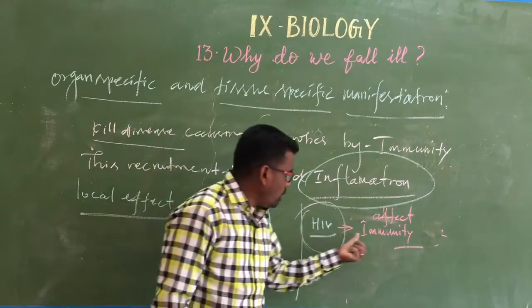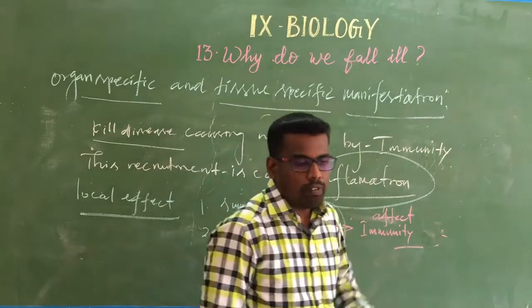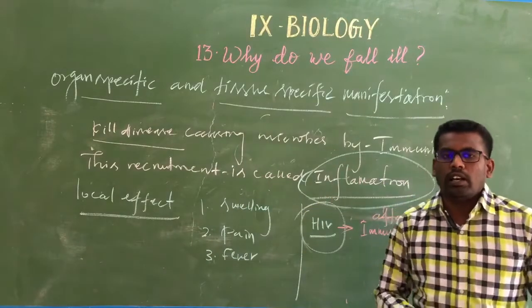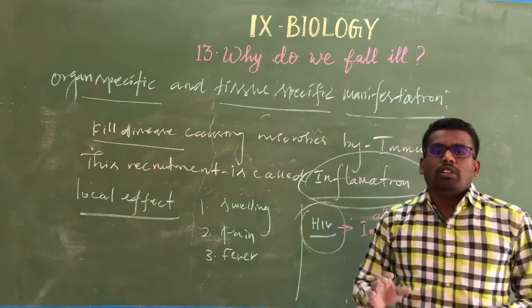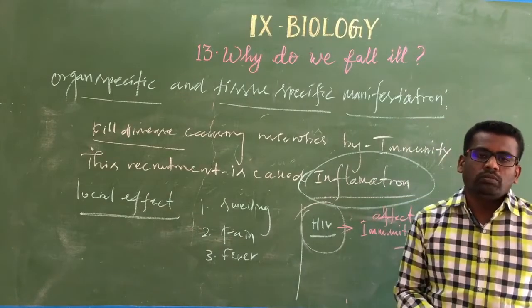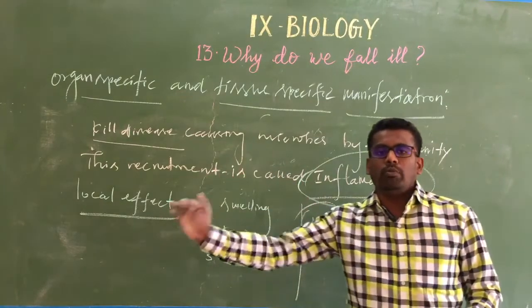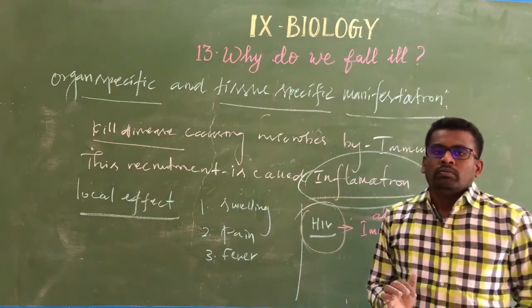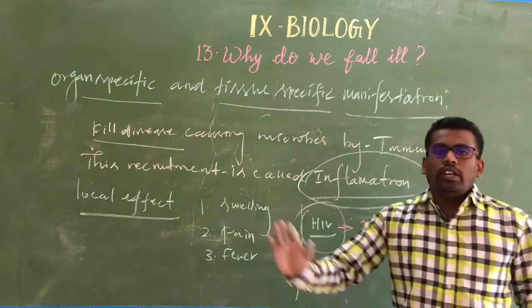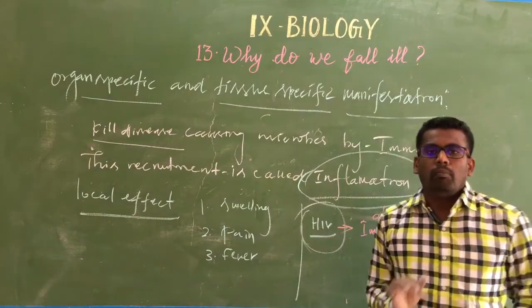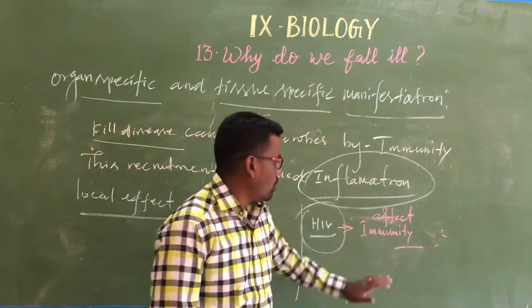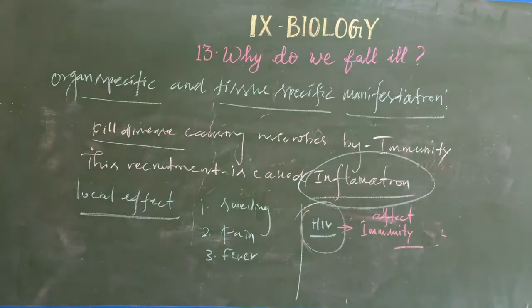Because the HIV totally damages our immunity power, the small problems we face in everyday life become big issues. Example, a common cold converts into severe pneumonia. Normal loose motion develops into diarrhea with blood loss because there is no immunity power. HIV is very, very powerful.